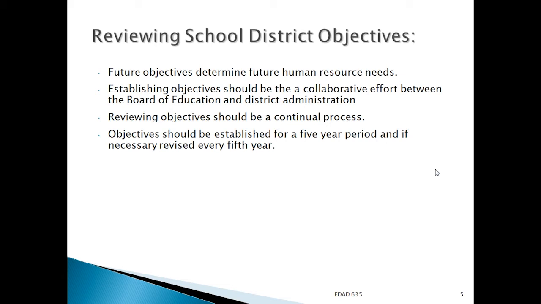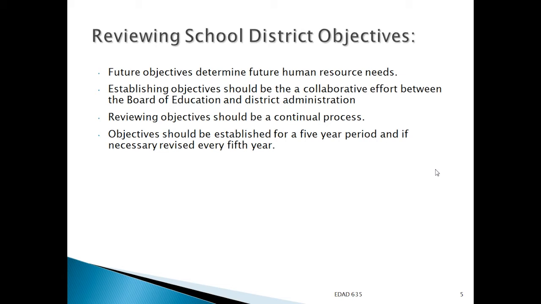School district objectives certainly are the driving force behind the personnel management function. And we all are pretty familiar with the idea that the objective should be to maximize student achievement.